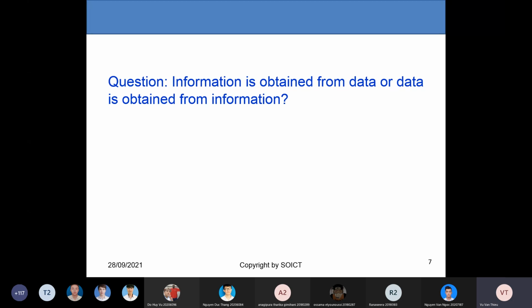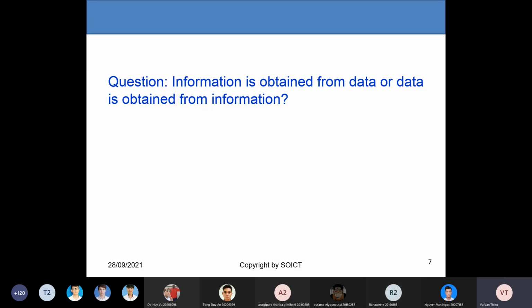Between information and data, which one appears in advance, or which one is obtained from the other one? I think information is obtained from data. Okay, thank you. But it's not the correct answer.